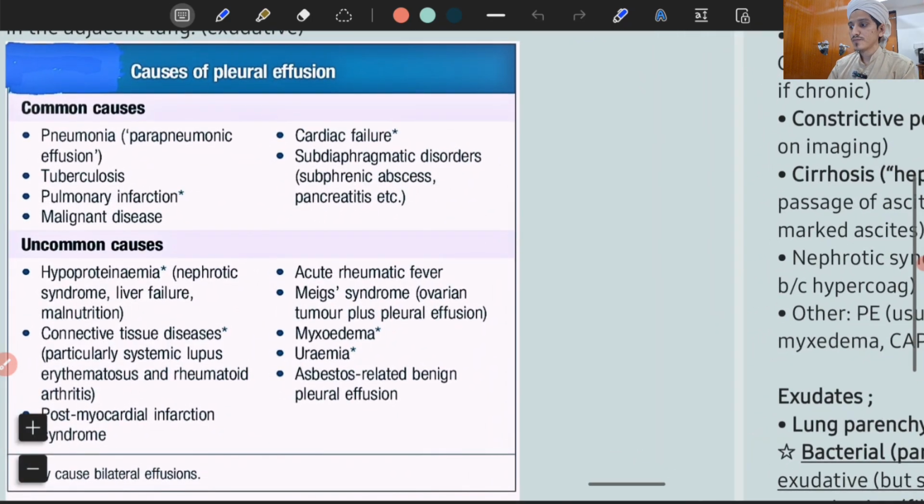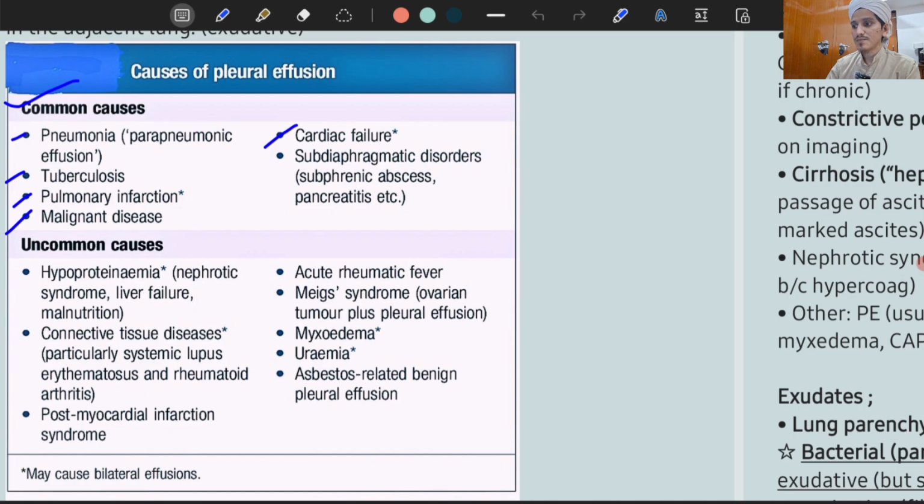So the causes of pleural effusion are: common causes include pneumonia. Pneumonia along with effusion is known as parapneumonic effusion. The second common cause is tuberculosis. Third is pulmonary infarction. Fourth is malignancy. Fifth is cardiac failure.